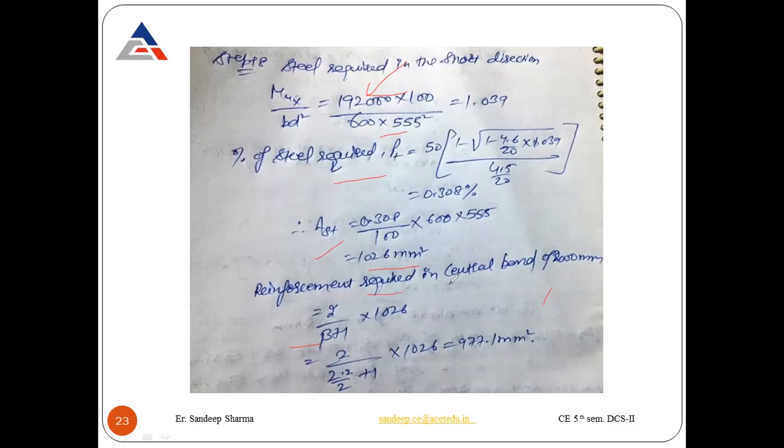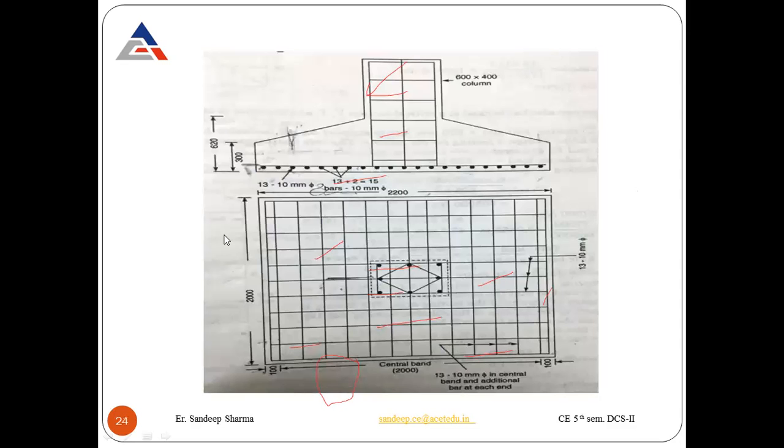So the reinforcement requirement in the central band, that is 2000 mm, is 2 upon beta plus 1, where beta is basically the ratio of both the sides, into the area of steel. So 977.1 mm square area we are getting when we are providing the reinforcement in the central band. So this is the reinforcement in the central band that you can see here.